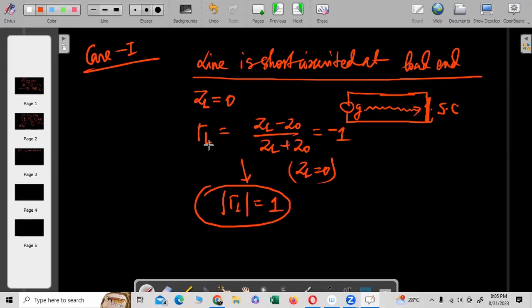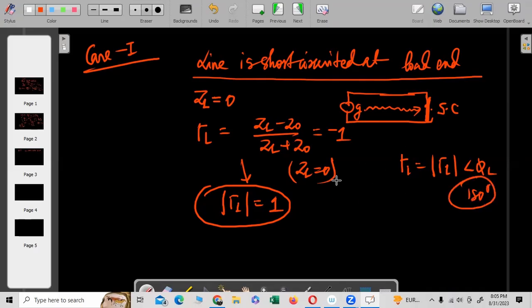Gamma L is minus 1, which means phase. So gamma L is the mod of gamma L with some angle, phi L. Minus means it is 180 degrees.